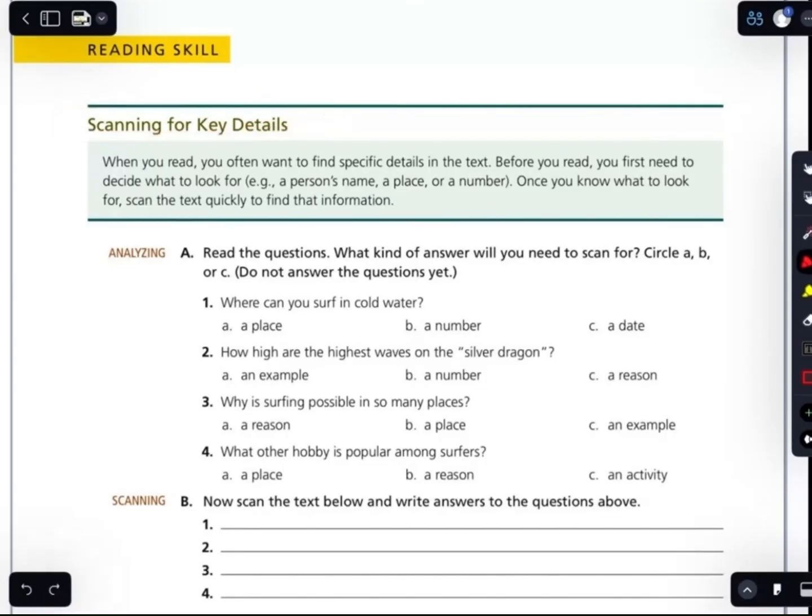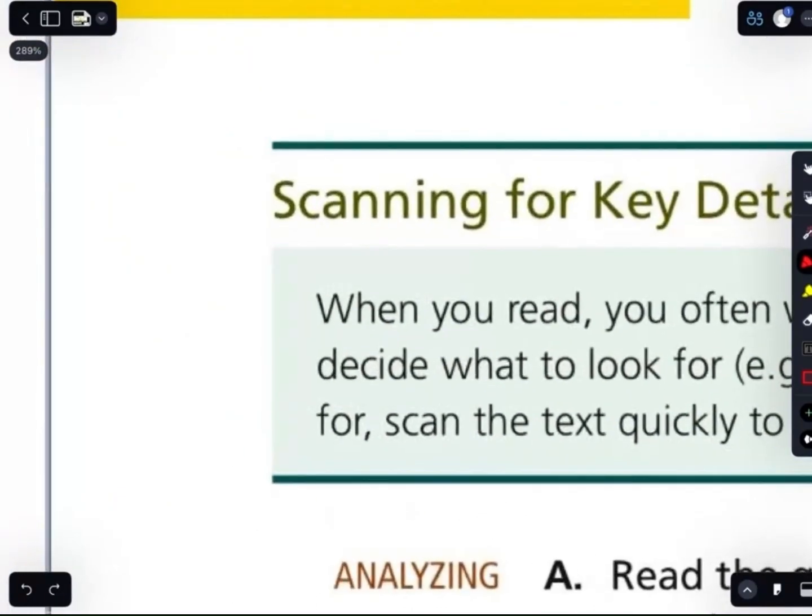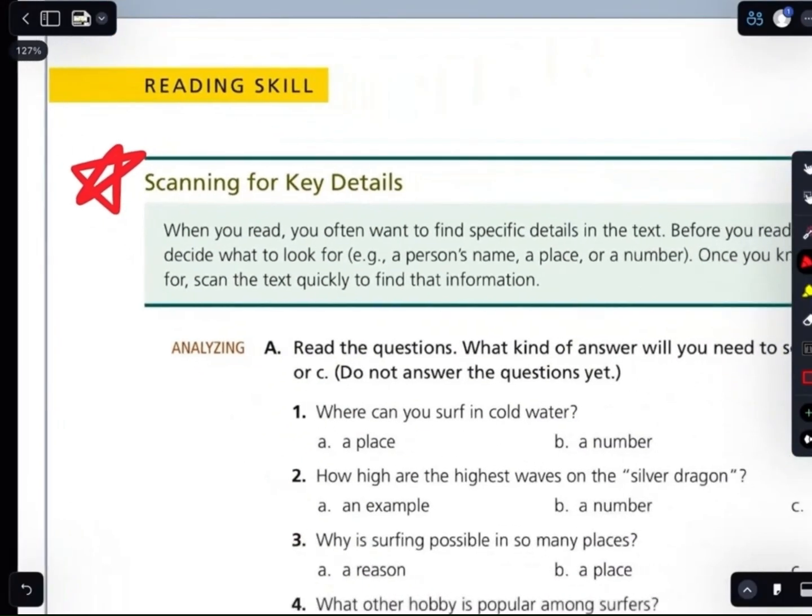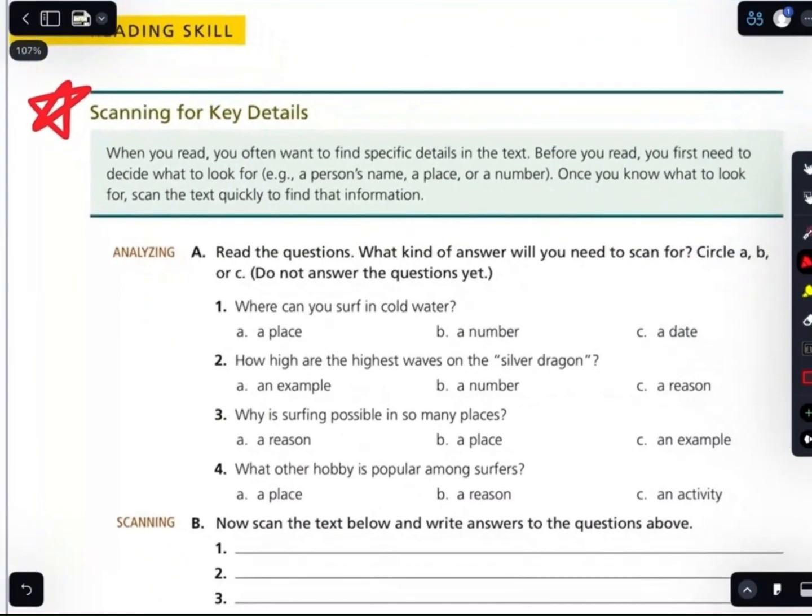This is a great skill to have. Very, very important skill, actually. Scanning can really help you go fast through a text. And if you're doing a test or an exam, or if you just want to be a really great reader, then scanning is really nice because you can get information quickly and it can help you understand things quickly and understand things better.